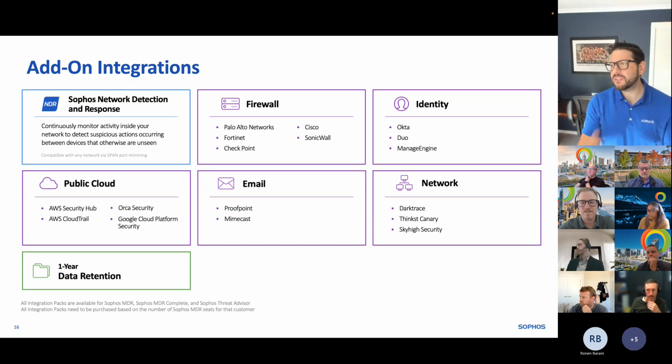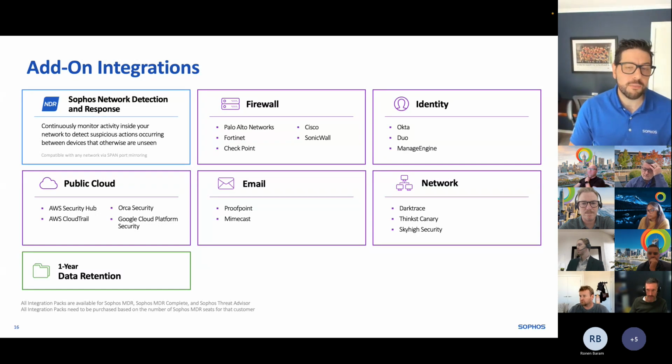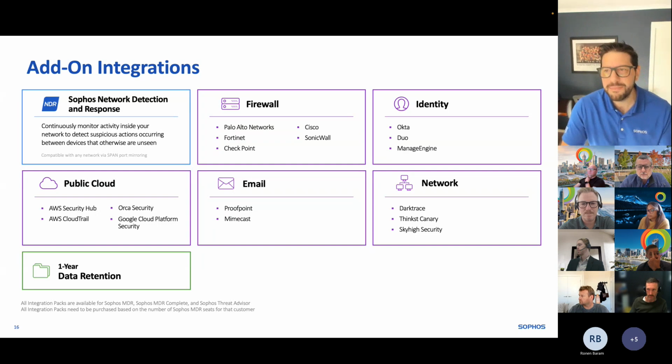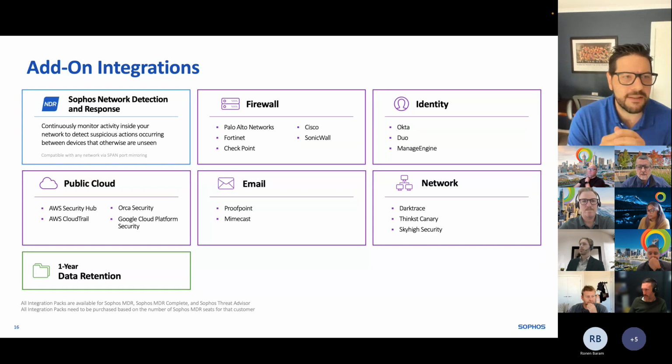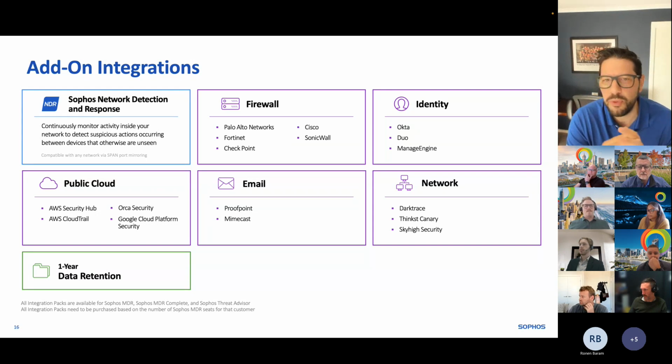In blue at the top left, you'll see Sophos MDR Network Detection and Response. It's a new product that we've released that at the moment you can only buy with Sophos MDR. Stop me if I'm wrong, Aaron. Essentially it's a device that you plug into the network, straight into the monitoring port of the switch, and it pulls all the rogue information.